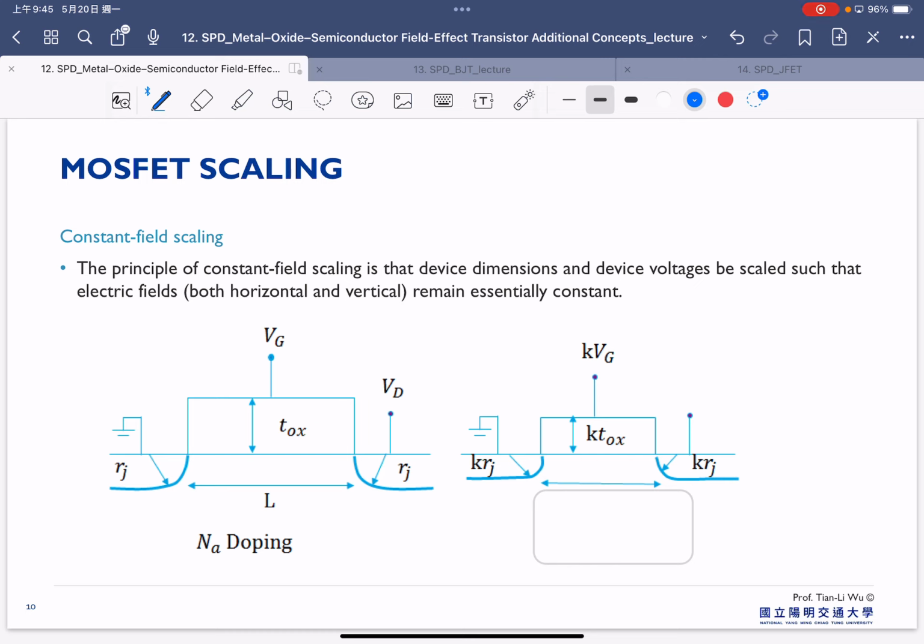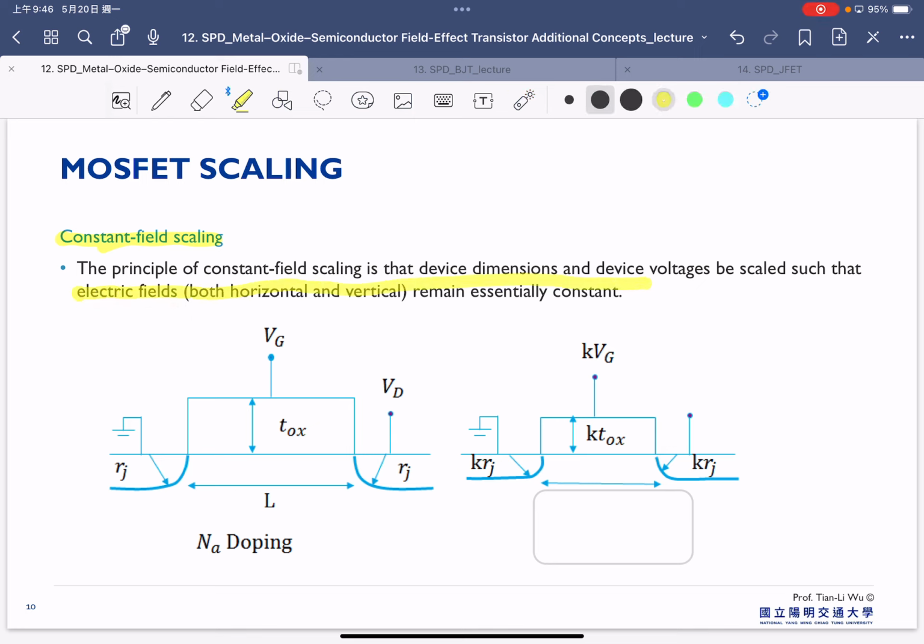In this slide, we show the definition of scaling from a very early time, which we consider constant field scaling. The principle of constant field scaling is that the device dimension and device voltage are scaled such that the electric field remains constant.